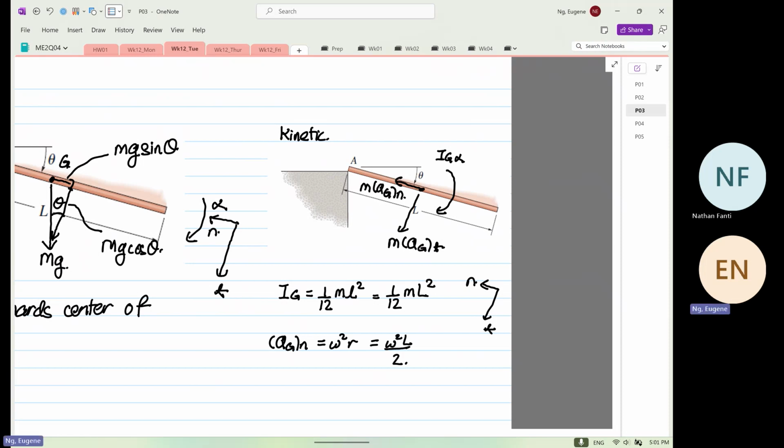Because it's taken at the center of gravity, the distance from here to here is L/2. And finally, we have a_G T, which is equal to alpha R, so this will be equal to alpha L over 2.